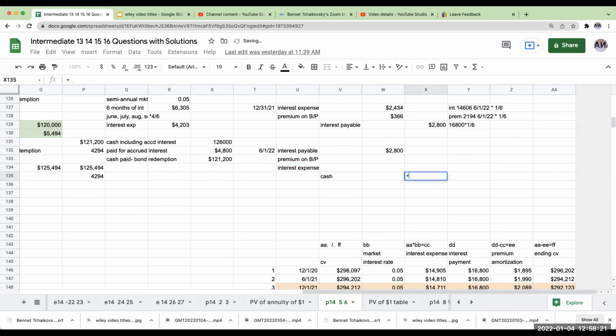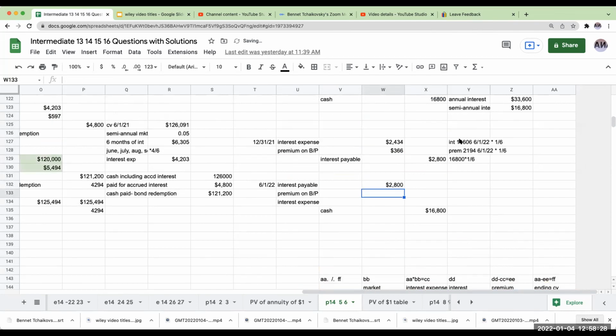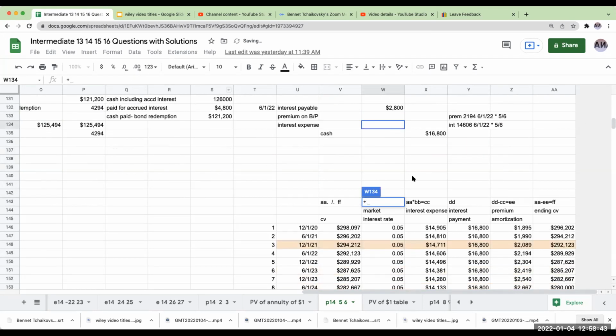I'm paying out cash of 16,800 on 6/1/22. For my premium on bond payable and interest expense, we're going to multiply both these values by 5/6. So this is 14,606 times 5/6, and 2,194 times 5/6. And we come up over here with 16,800 on both sides.